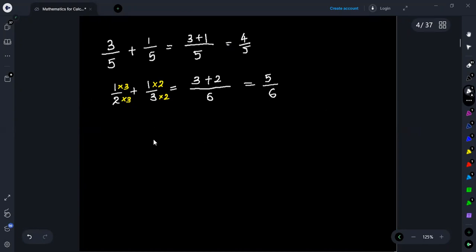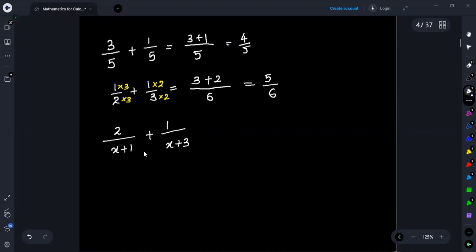Let's consider two fractions more complicated than these. I'm going to use some rational expressions which consist of a variable. Let's take as an example 2 over x plus 1 plus 1 over x plus 3.